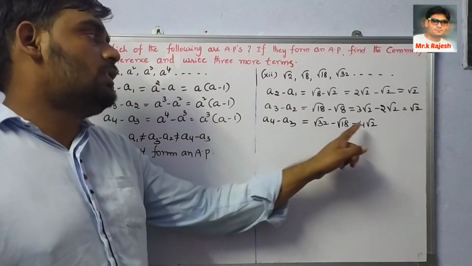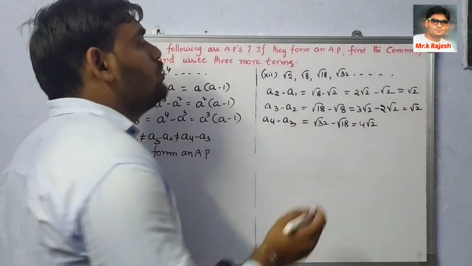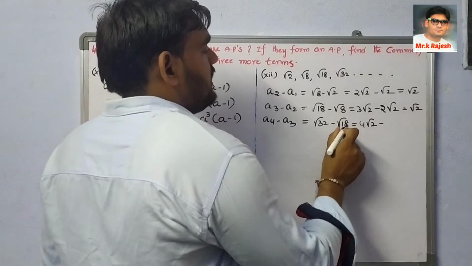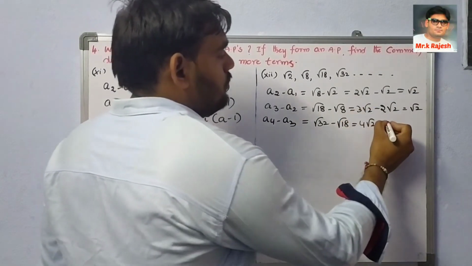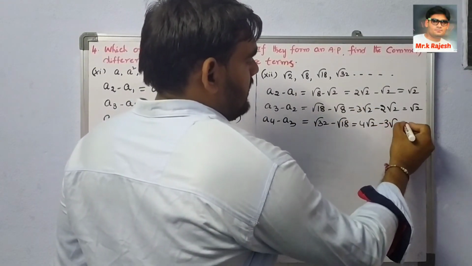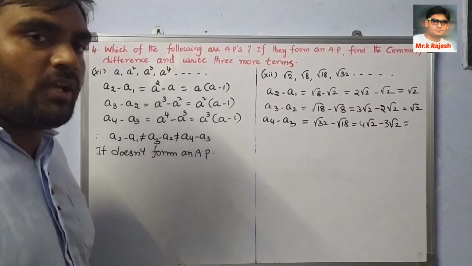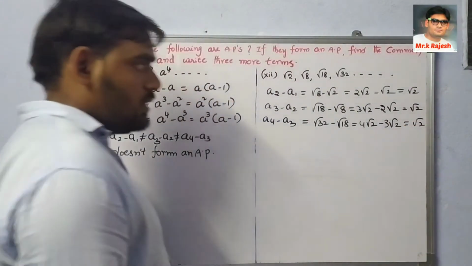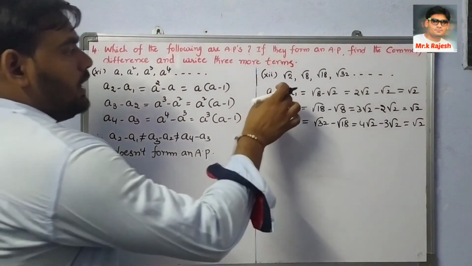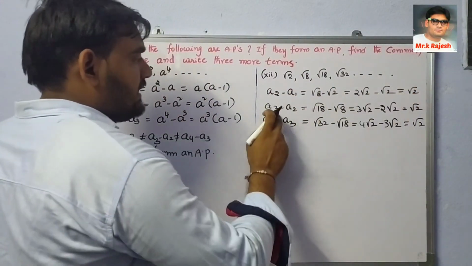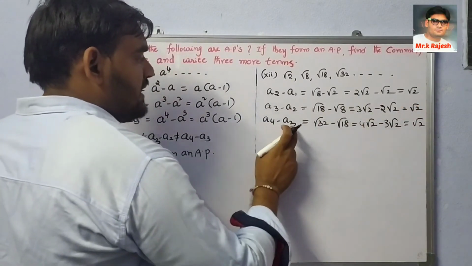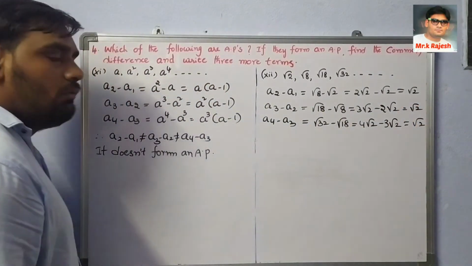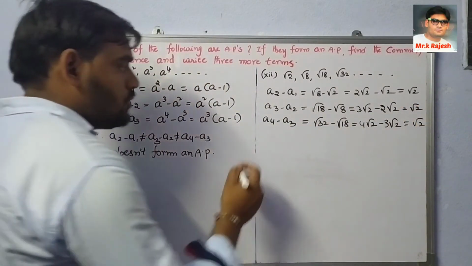So here, root 32 can be written as 4 root 2 minus root 18, already we wrote here 3 root 2. At that time, this can be in the form of 4x minus 3x. So here we will get x. X is nothing but root 2. Now, a2 minus a1 is equal to root 2, a3 minus a2 is equal to root 2, a4 minus a3 is equal to root 2. Therefore, we will get common difference d is equal to root 2.